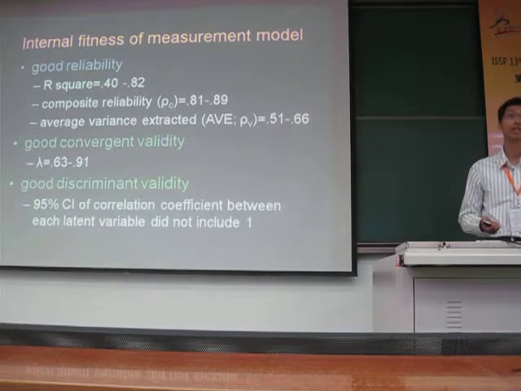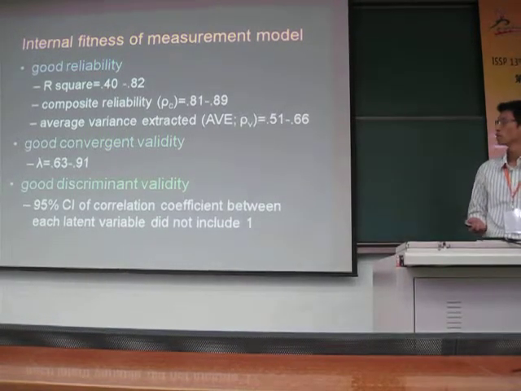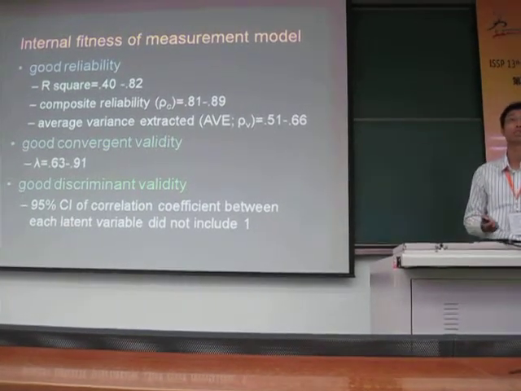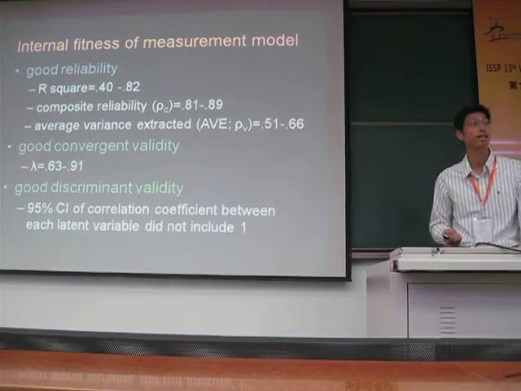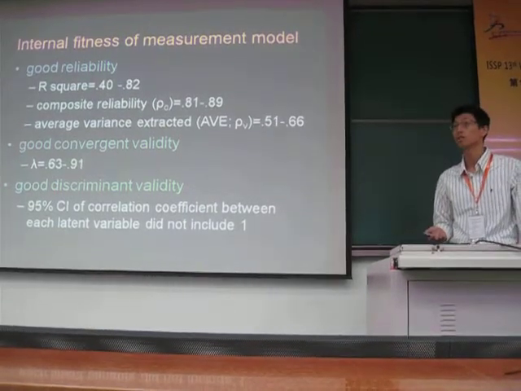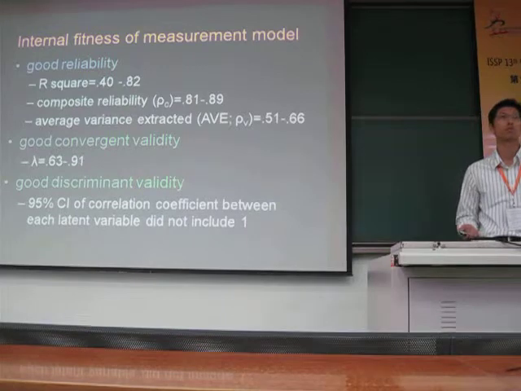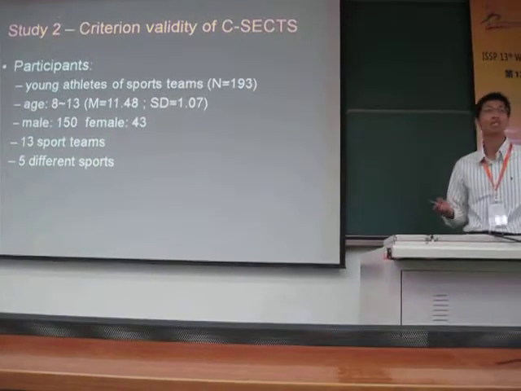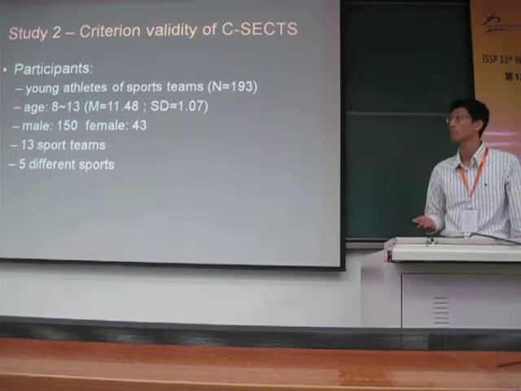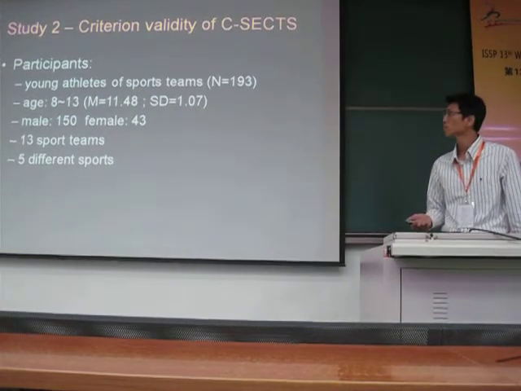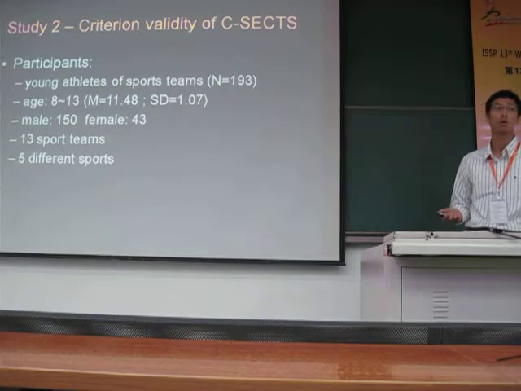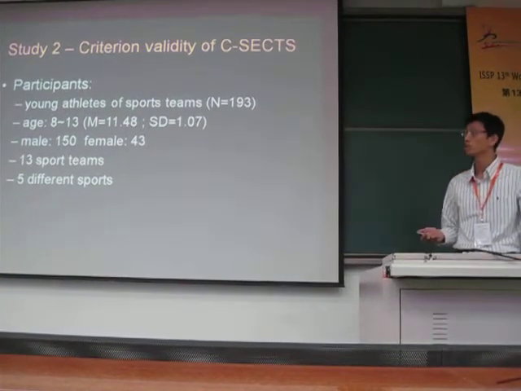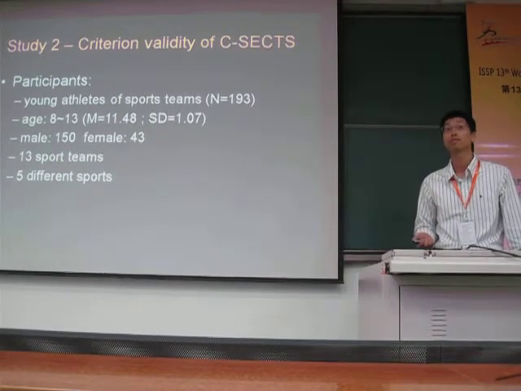And the 95% confidence interval of correlation coefficient between each latent variable did not include 1, which means that this scale has good discriminant validity. With the reliable and valid instrument, we then proceed to examine the criteria validity of this concept. Participants in study 2 are 193 young athletes from 17 elementary school sport teams of 5 different sports.